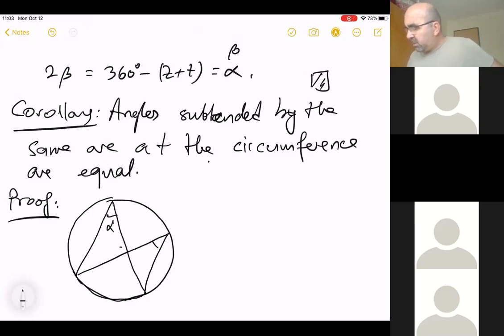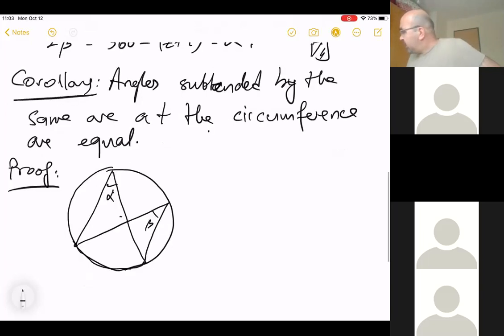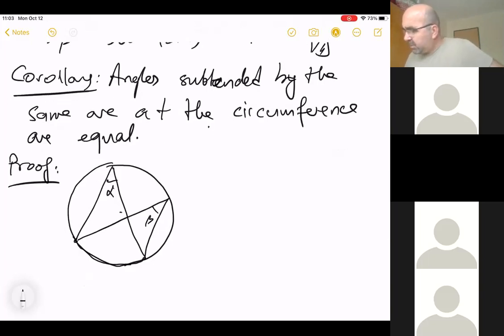So let's call this alpha, that's beta. So alpha is equal to beta. Well, if you try to prove it directly, it can be proved, but anyway, we need this all the time. So we will need to show that alpha is equal to beta.